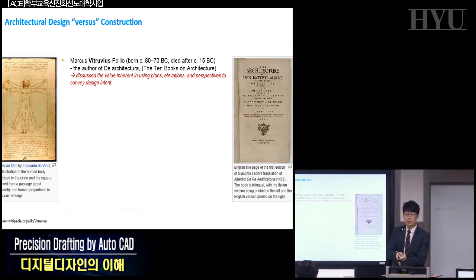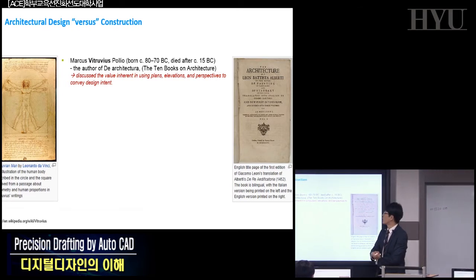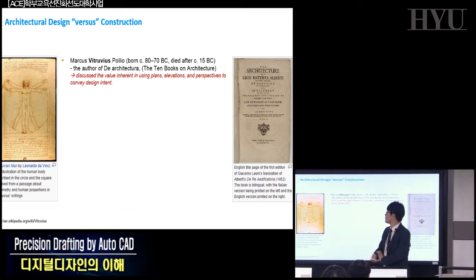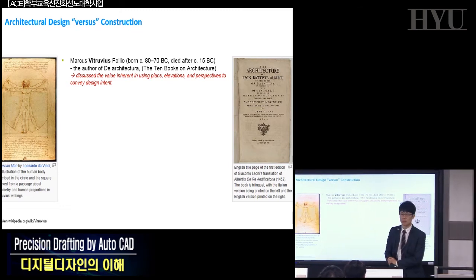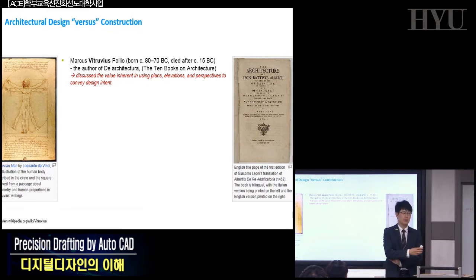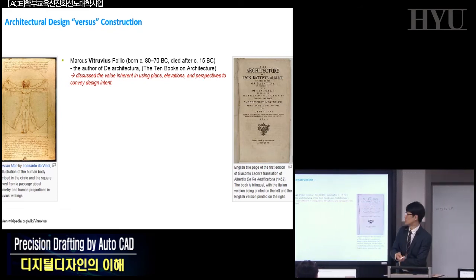Even 2,000 years ago, an architect named Vitruvius discussed plans. That is why architectural designers, for more than several thousand years, have been drawing and making plans, elevations, and so on for building design.